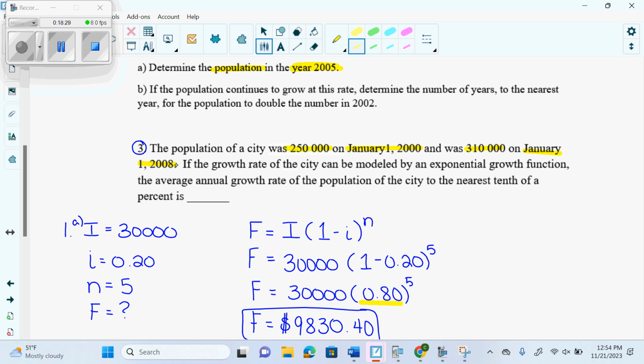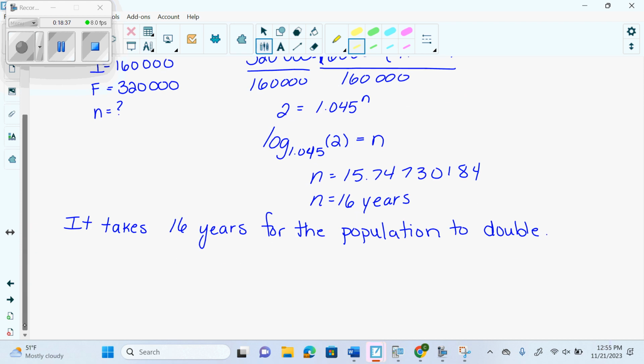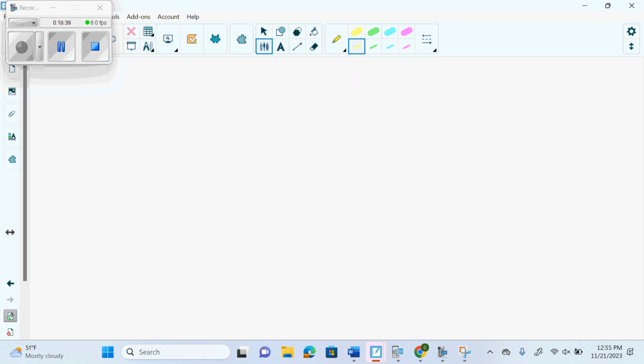If the growth rate of the city can be modeled by an exponential growth function, find the average annual growth rate of the population to the nearest tenth. So we're looking for I, correct? So we have final equals 310,000, initial equals 250,000, and I is what we're finding.